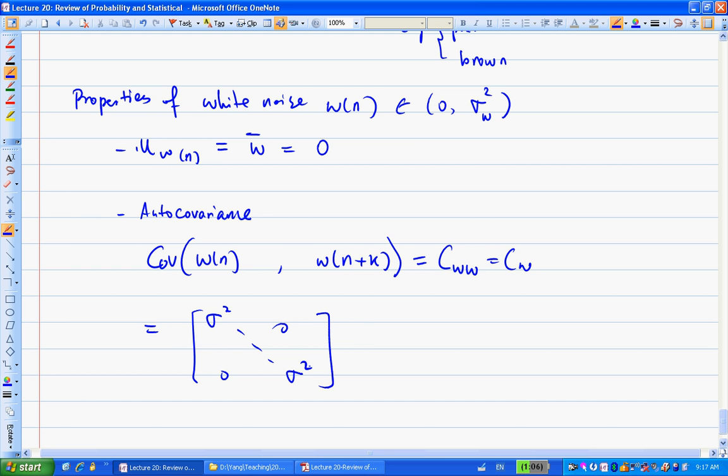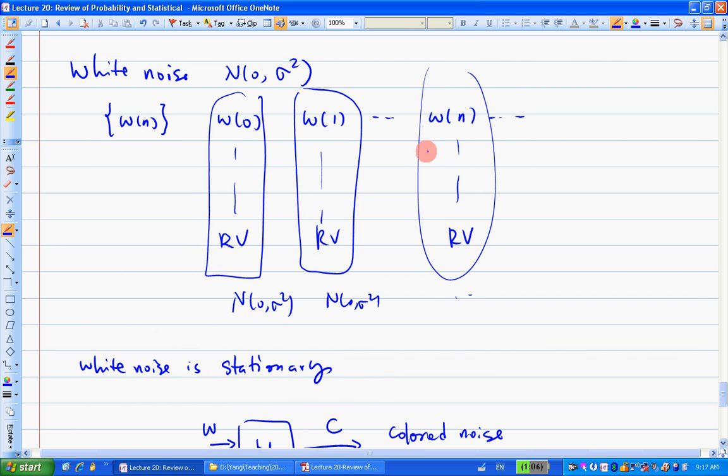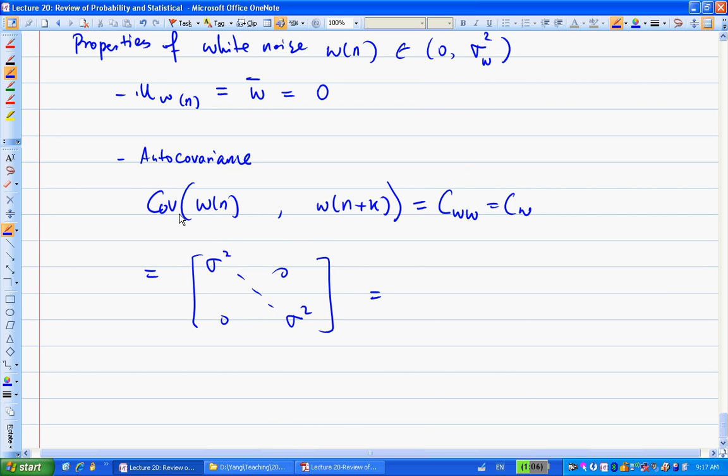So you can actually prove that in this case, because of zero mean and the variance here, the autocovariance is the same, and all of these are random variables, all independent of each other. You can prove that easily. It's basically the same as the correlation.